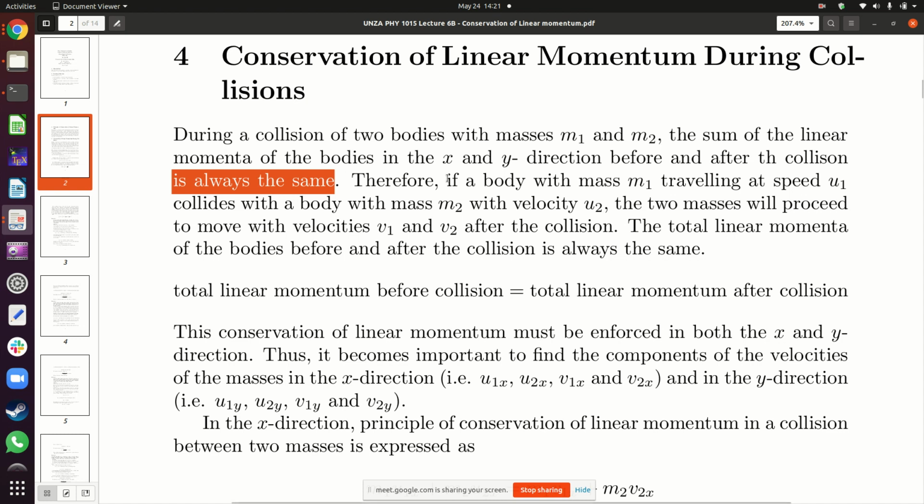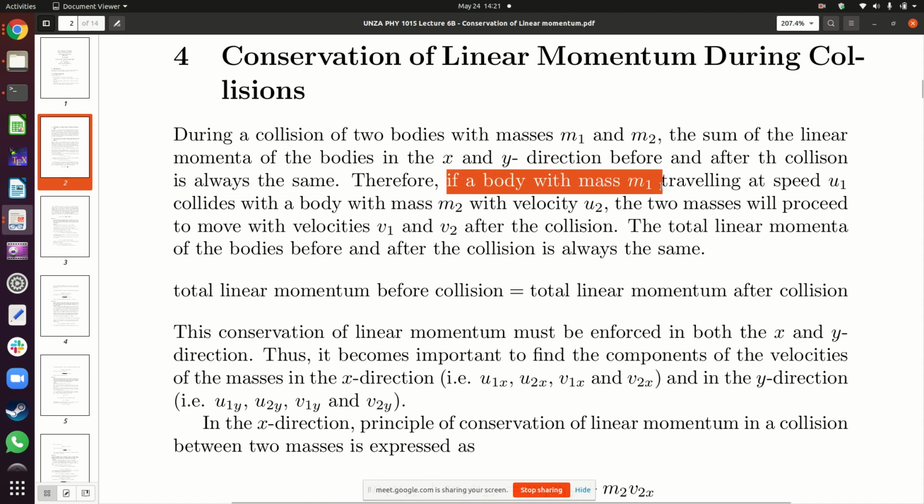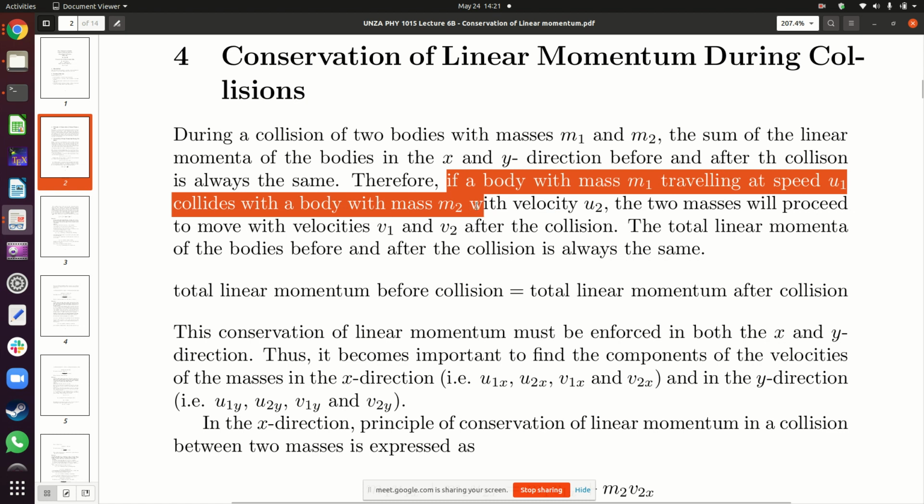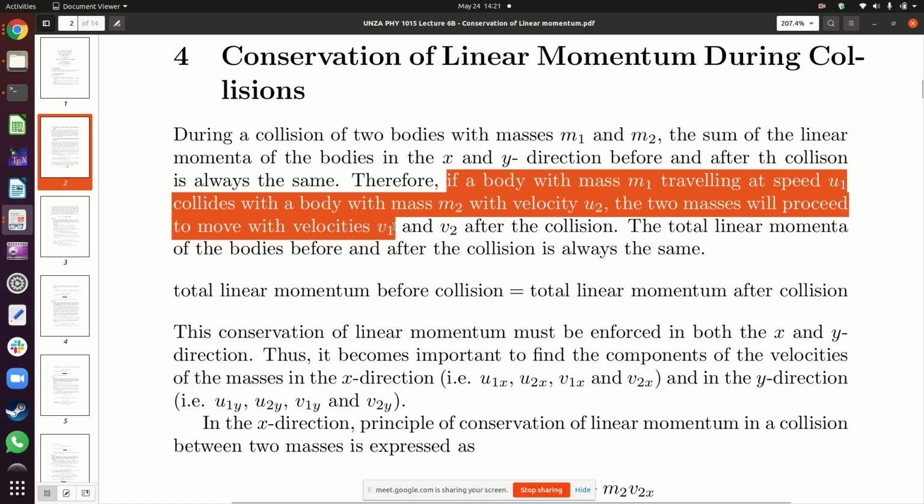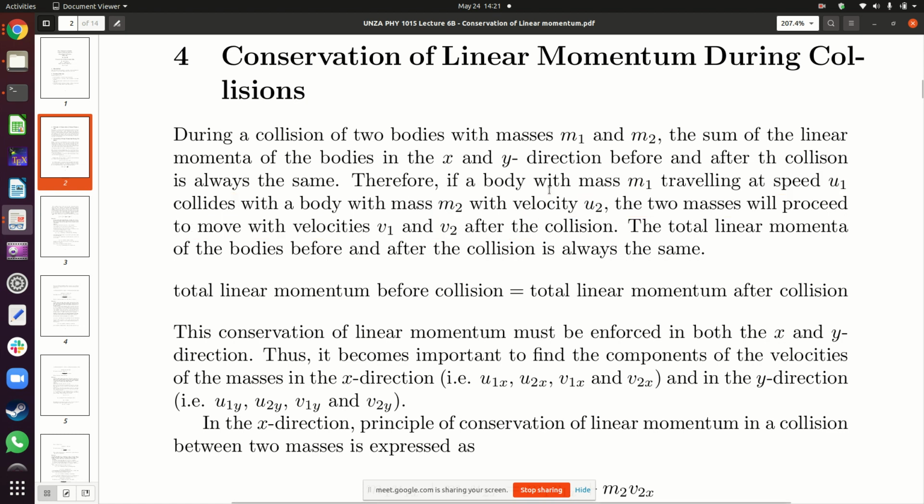Therefore, if a body with mass m1 traveling at speed u1 collides with a body with mass m2 with velocity u2, the two masses will proceed with velocities v1 and v2 after the collision. So the first object, with mass m1, before they collide, has velocity u1.